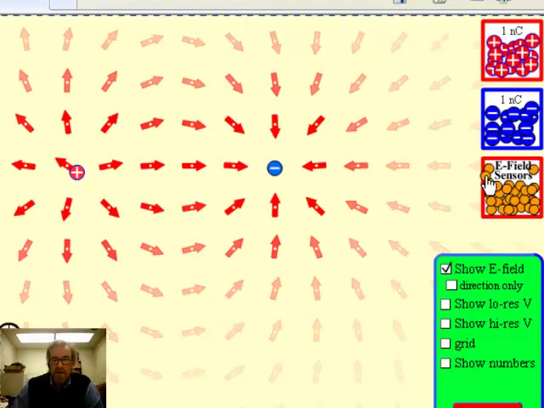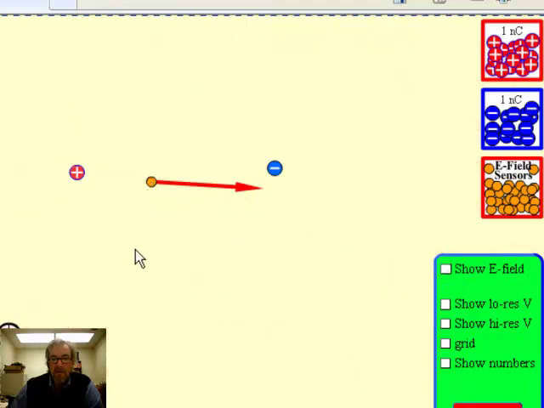I'm going to grab a little positively charged electrical field sensor and put it in this space. Now this is going to have an arrow attached to it that shows what direction and how strong the pull is on this particle. I'm going to take all the arrows away to make this a little clearer. As I move this around, you can see that what this thing is attracted to changes.